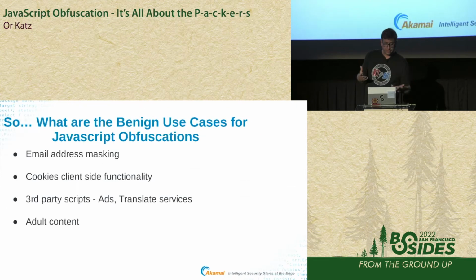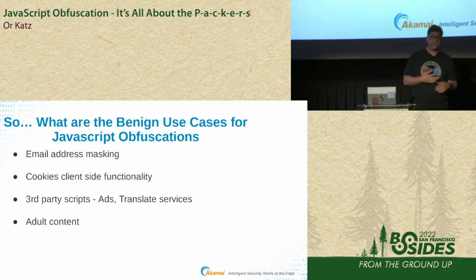So the first one: why are benign websites being obfuscated? Here are a few of the answers. According to the files that I was able to see, and I would assume that there are other, better reasons as well, for example, email address masking.